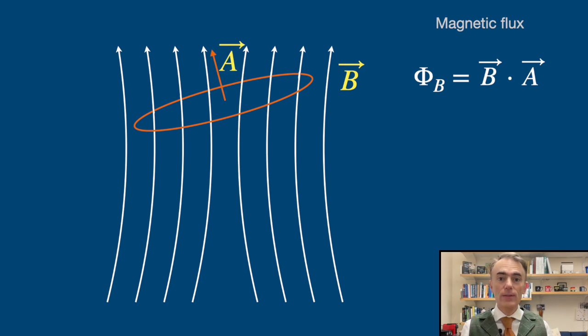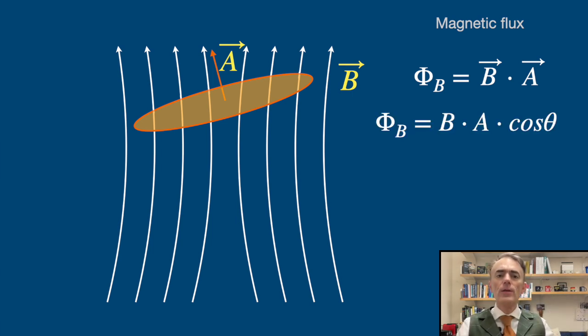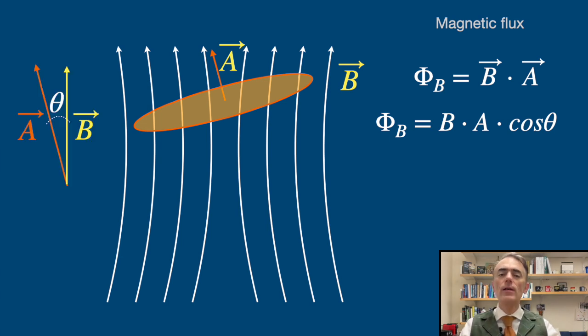The area vector is a vector whose magnitude is the surface area and points perpendicular to the surface in question. Phi equals B times A times the cosine of theta, where B is the magnetic field strength, A is the area of the loop, and theta is the angle between the field lines and the normal to the surface of the loop.